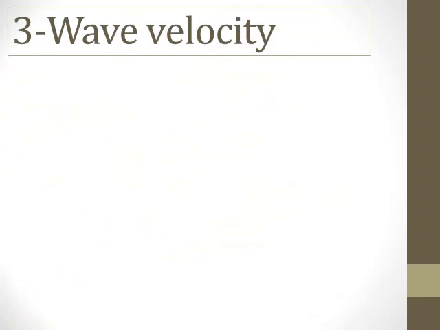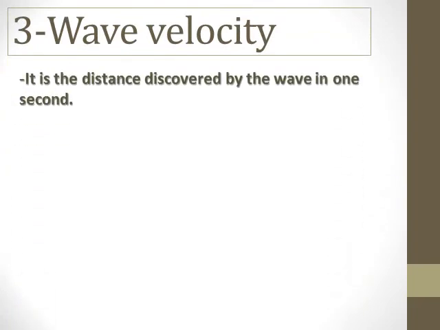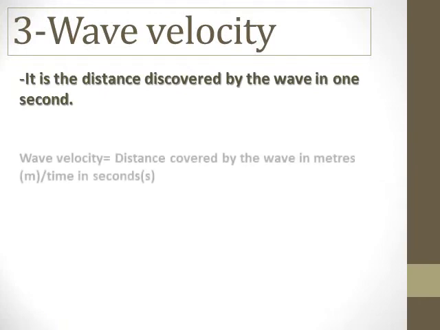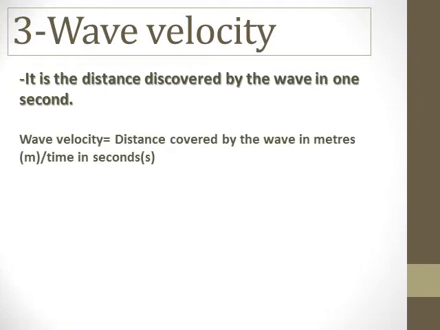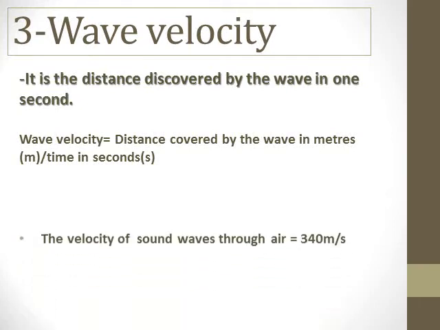Number 3, wave velocity. It's the distance covered by the wave in 1 second. And the law of wave velocity is wave velocity equals distance covered by the wave in meters over time in seconds. Now, we have to learn different sound speeds through different media.